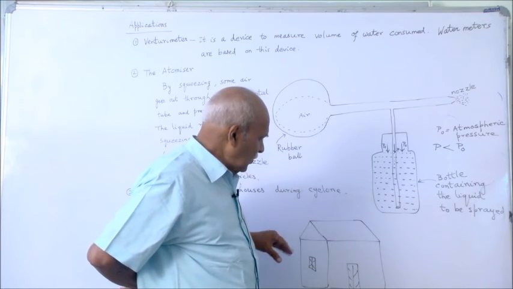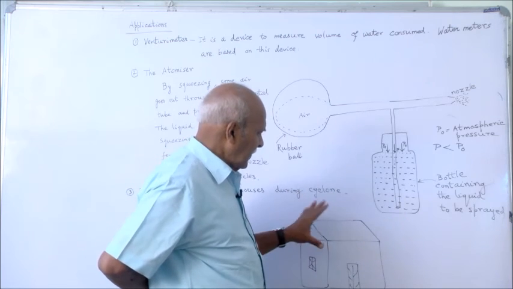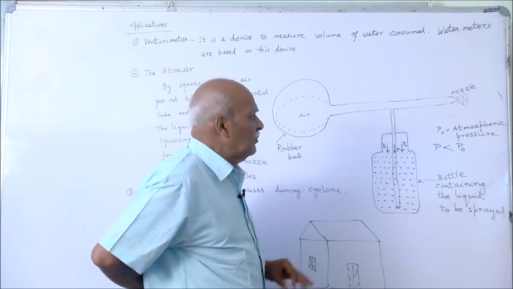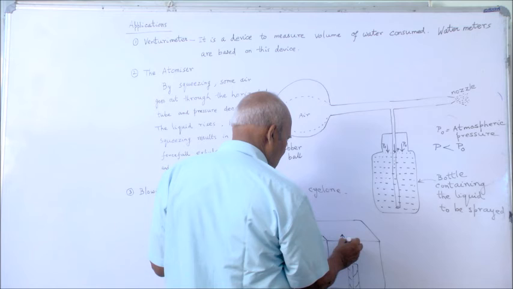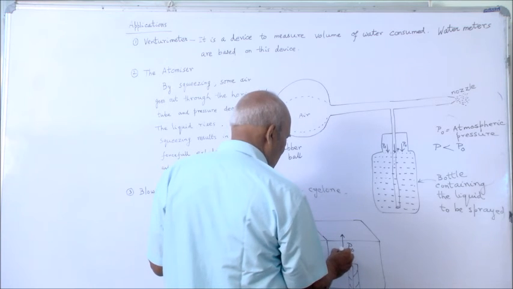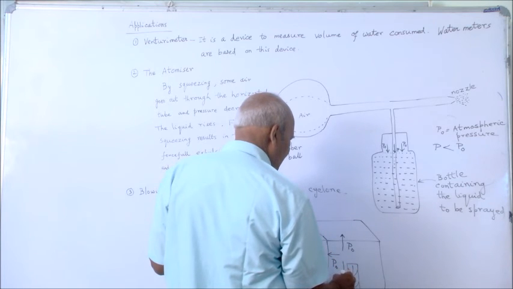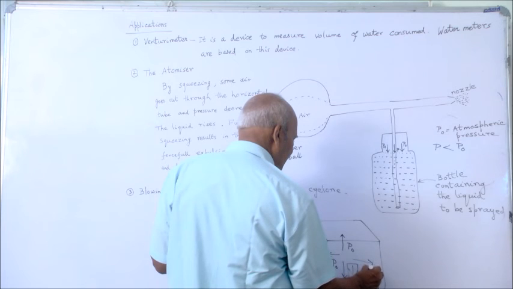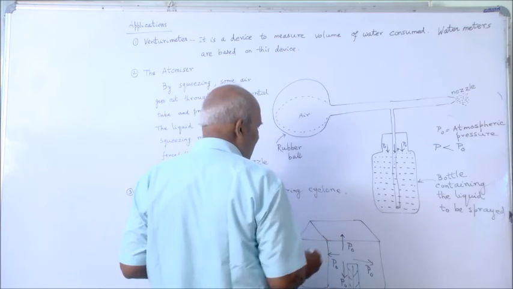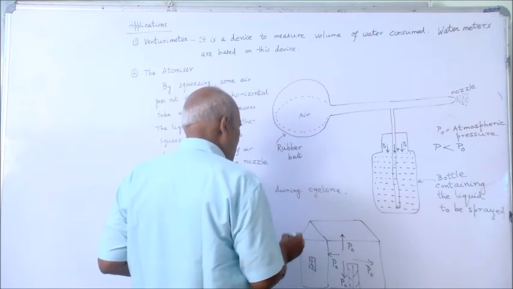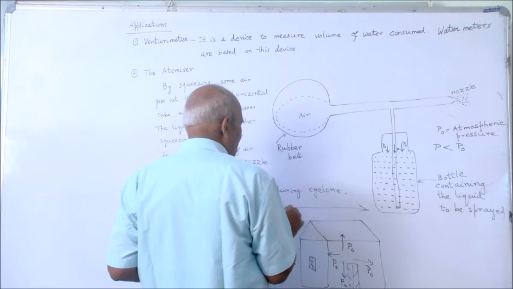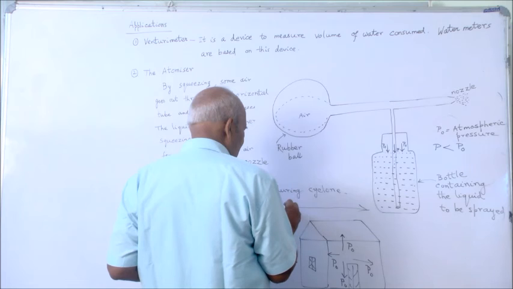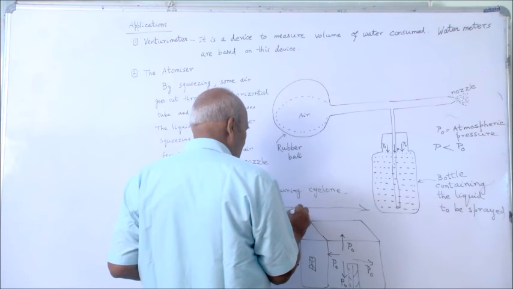If you close the doors and windows, the air inside the room is at atmospheric pressure, and this atmospheric pressure is P0, this side, that side, because pressure is exerted on all sides by equal amount. Then when actual cyclone arrives with a high speed, so V is high.